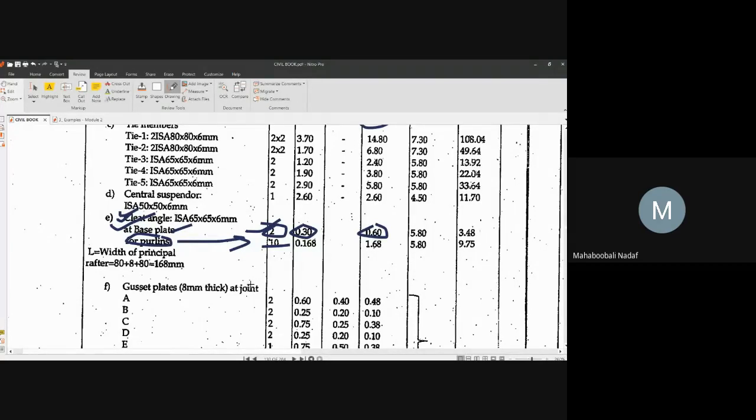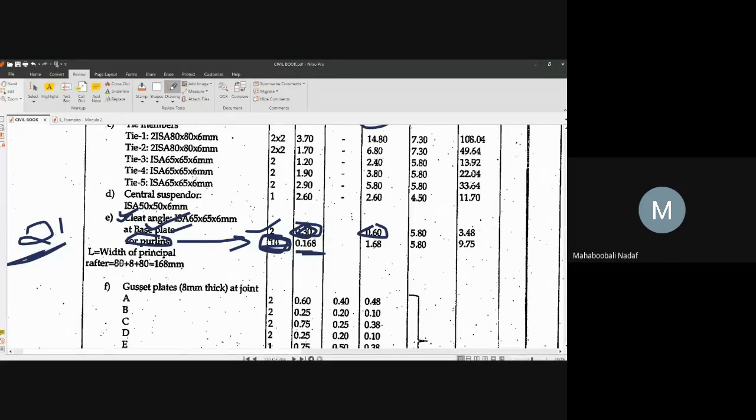Purlin length will be more than 21 or 30 meter, but this is only cleat angles. So 10 purlins will come. So what is the cleat angle's dimension? How is this 0.168 there?